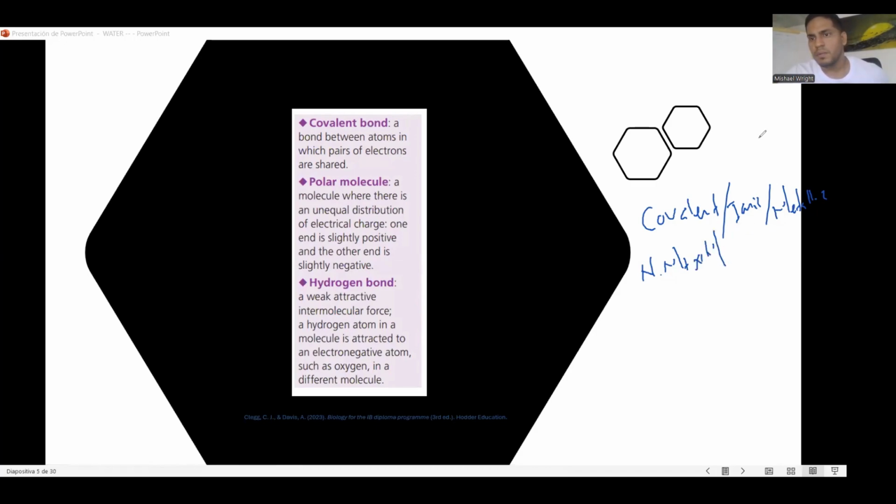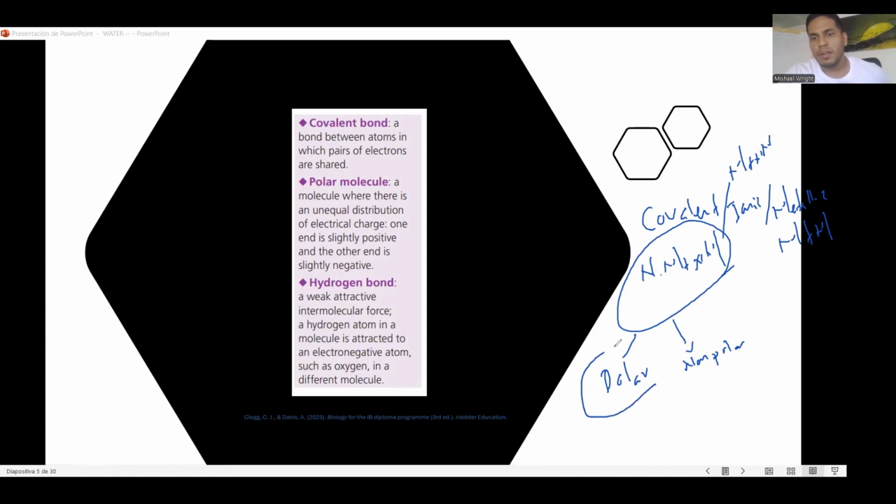In ionic, we're going to find a metal plus a non-metal. In metallic, there are going to be two metals, right? So non-metals and non-metals are going to be covalent, and they can be polar covalent, or they can be non-polar.